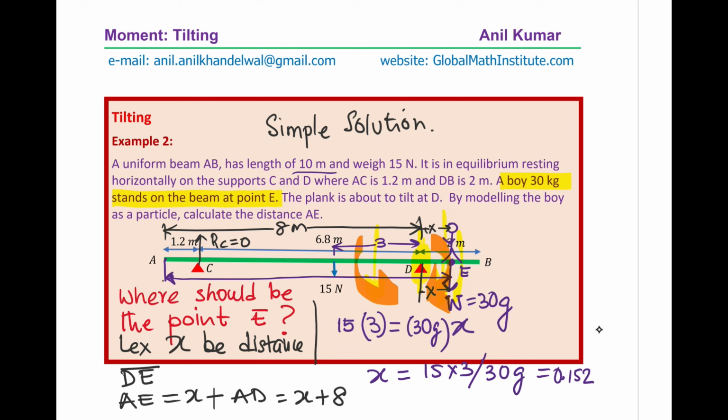So we get 0.152 from D. So the total distance A to E will now be equal to 0.152 plus 8, and that is 8.152, or you can say approximately 8.15 meters. Does that make sense to you? So that is how we can actually solve this particular question. I hope you have understood the strategy which we have used to solve it, right?